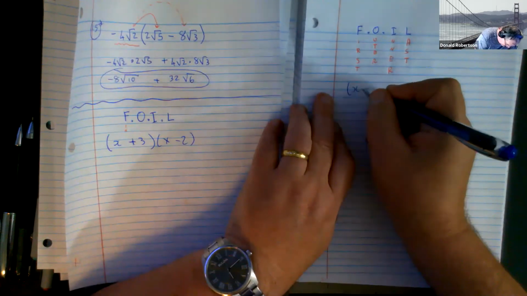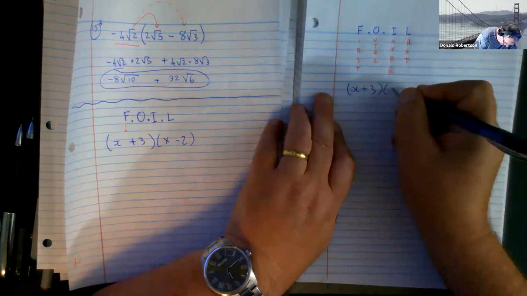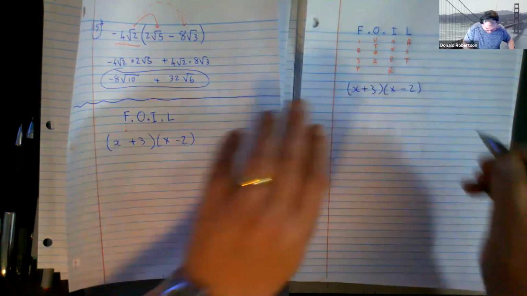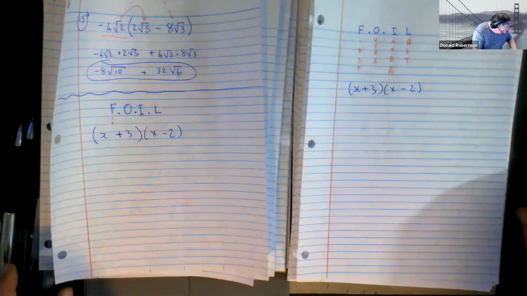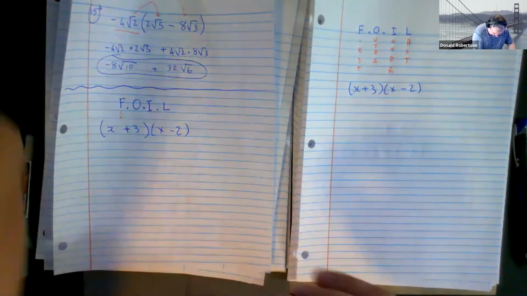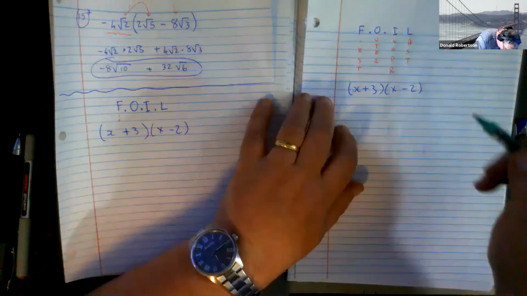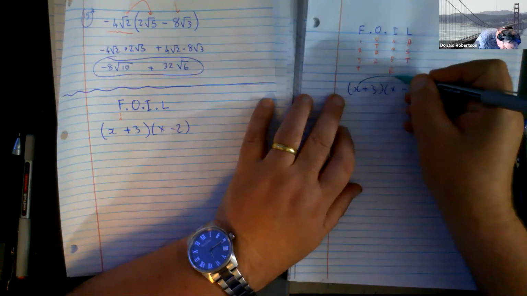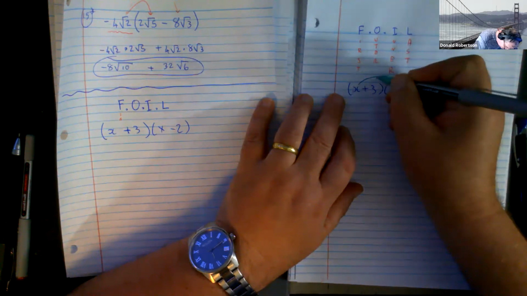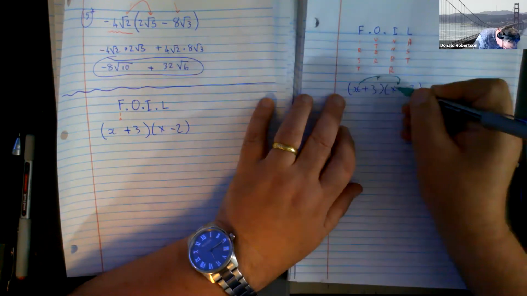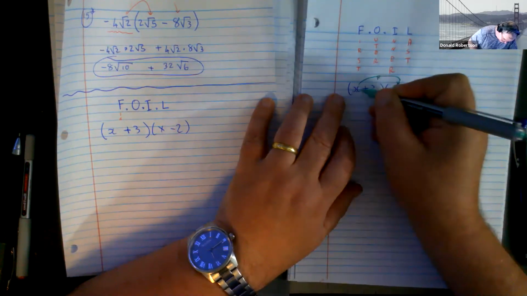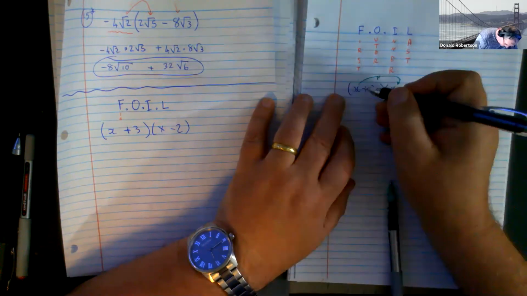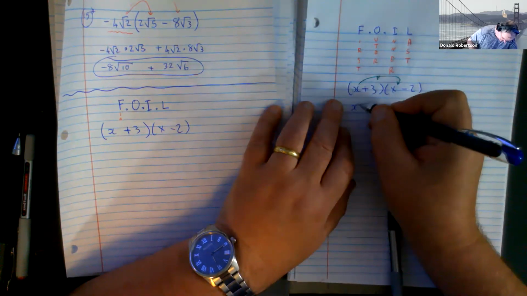So we're going to do an x plus 3, take away an x minus 2. According to FOIL, the guy that's called first is this guy, the first in each set of brackets. So in this case, x times x, so you get x squared.